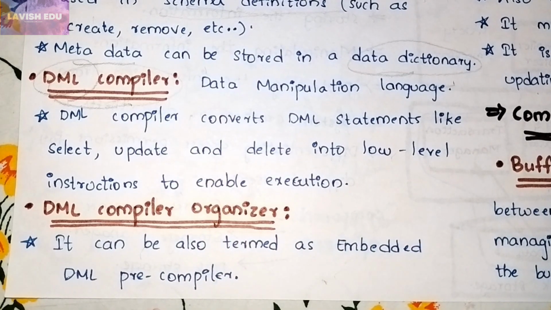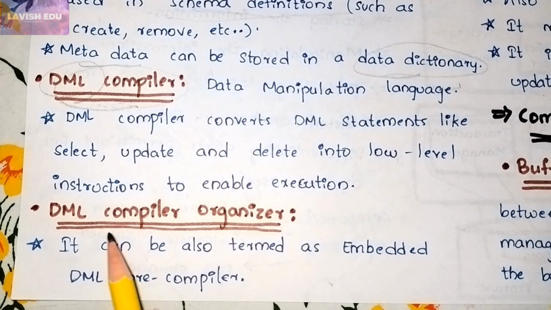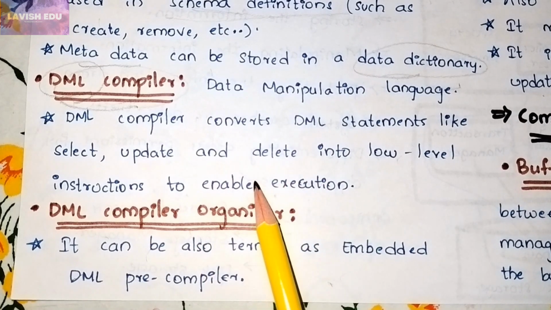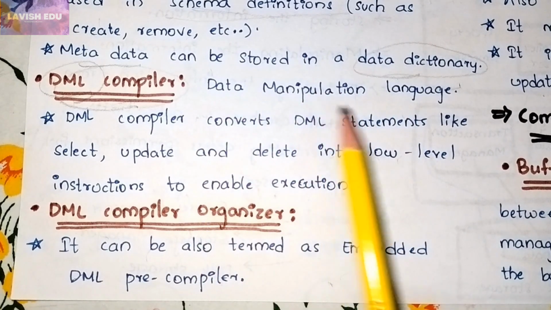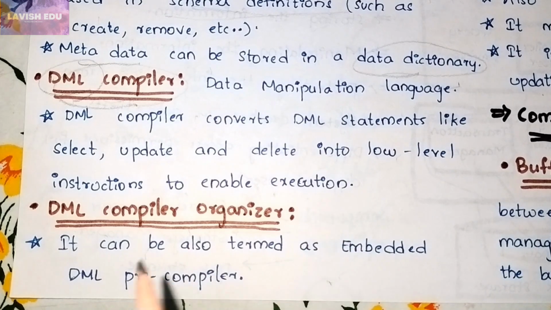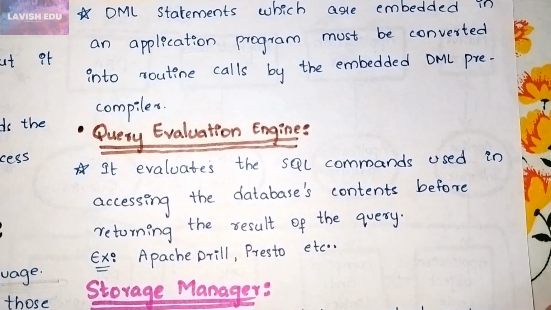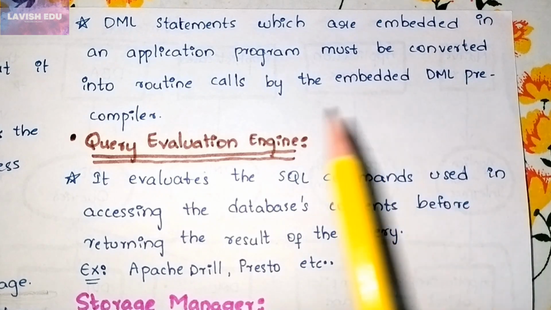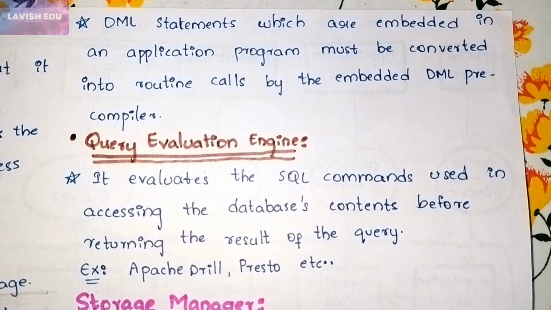This DML compiler organizer uses the process to run the DML, that is, data manipulation language, faster, embedded in the precompiler. So it is also termed the embedded DML precompiler. And DML statements which are embedded in an application program must be converted into routine calls by the embedded DML precompiler.